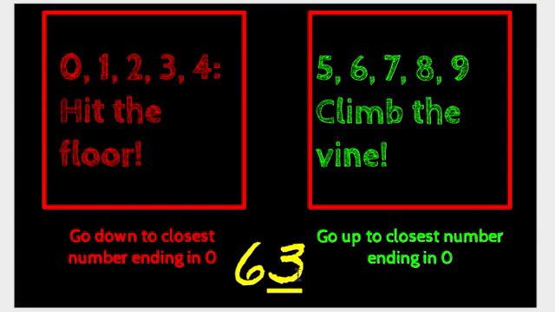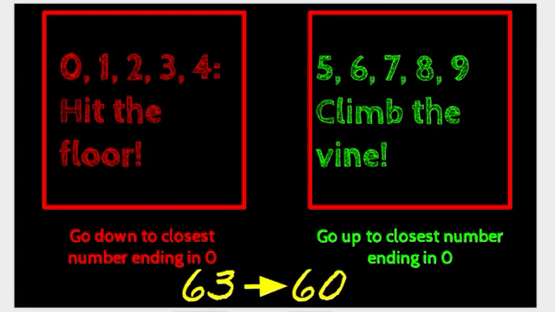So we notice that it's a 3, and if we follow our rules, 0, 1, 2, 3, 4, hit the floor, the 3 falls in that category. So that means that we are going to go down to the closest number ending in 0, which you might guess is 60. So when we round 63, we would round it down to the number 60. And you can see how 60 ends in a nice 0. It's a nice and usually pretty easy number for us to work with.